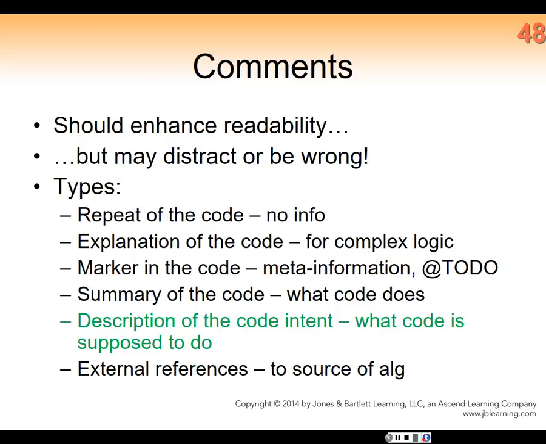Another classic one is if you're working in a team and there's more than one programmer that works on a class or a method, you might want to put in meta information, I last changed this code on X. So you might have a whole series of those markers in the code.